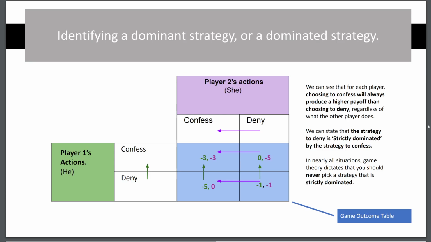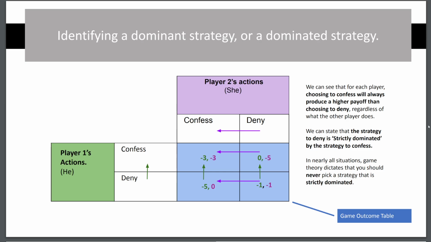Let's explore the concept of a dominant strategy, a choice that yields the best outcome regardless of what the other player does. In the prisoner's dilemma, confessing is always the dominant strategy. Why? Because it minimizes your potential losses. If your partner confesses, you avoid the harshest penalty by also confessing.